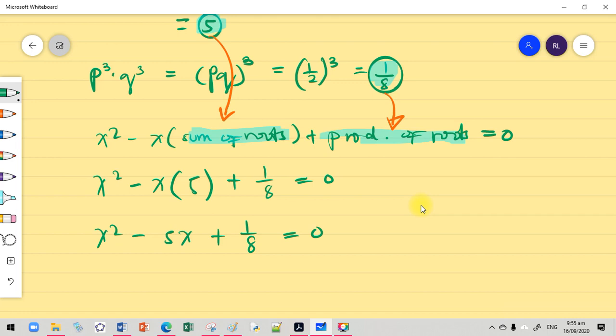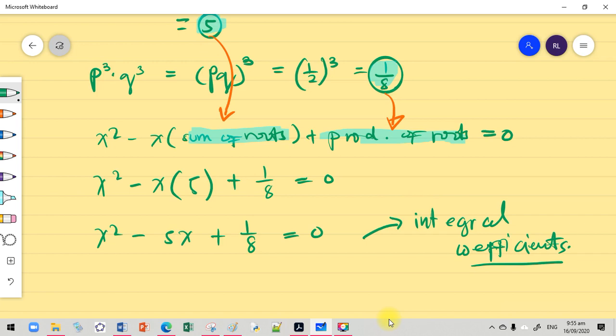But if the problem states that your new equation must have integral coefficients, meaning the coefficients, the 1, the 5, the 1 over 8, must all be integers, or negative and positive whole numbers, including 0, then we need to get rid of the 8.